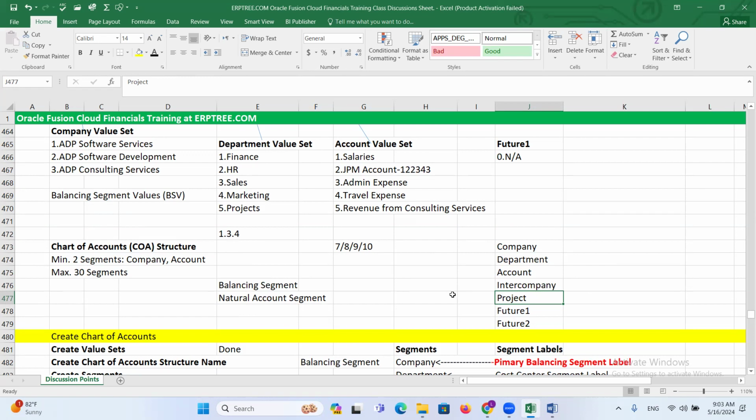Company and account are mandatory, and department is typical in every project, used by every company to capture their expenses primarily. Intercompany is to perform transactions in between, and future one and future two were already discussed. These one or two segments would be unique from client to client. That totally depends on their business.